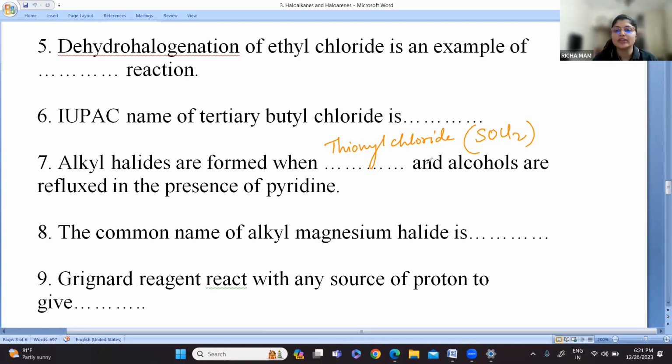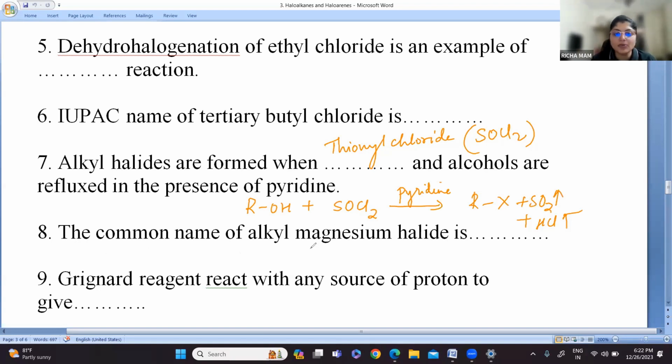So if you reflux alcohols with SOCl2 in the presence of pyridine, you get RX, plus side products, that is SO2 and HCl gases. So these two are gases, and they are liberated. Fine.